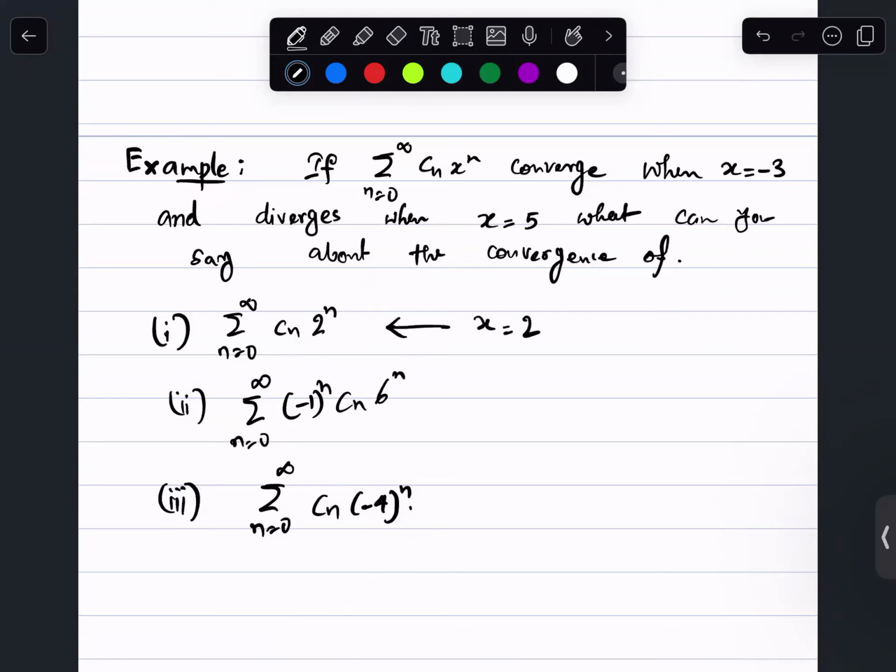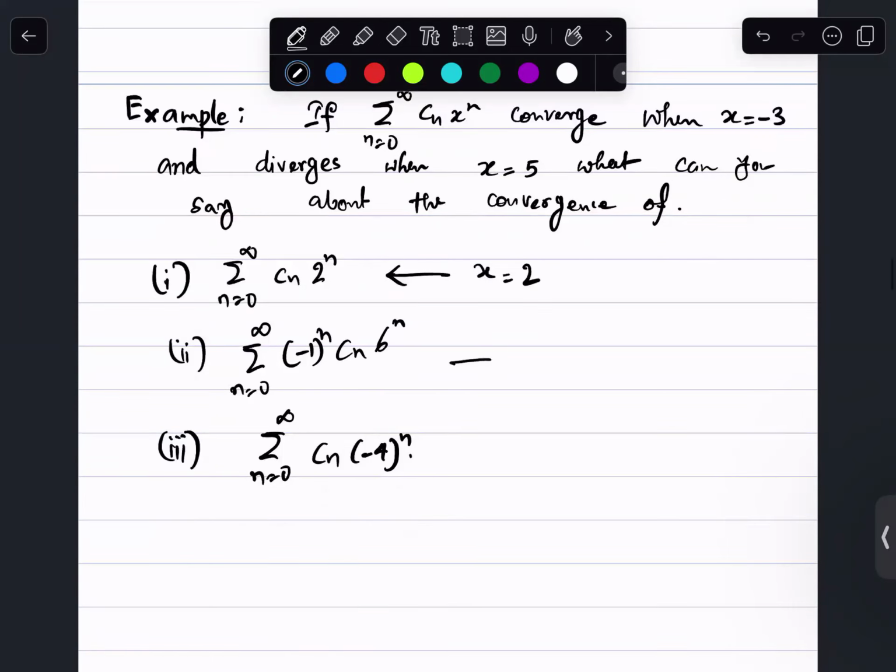This is the series when I take x equal to 2, this is the series when I take x equal to -6, and this is the series when I take x equal to -4.